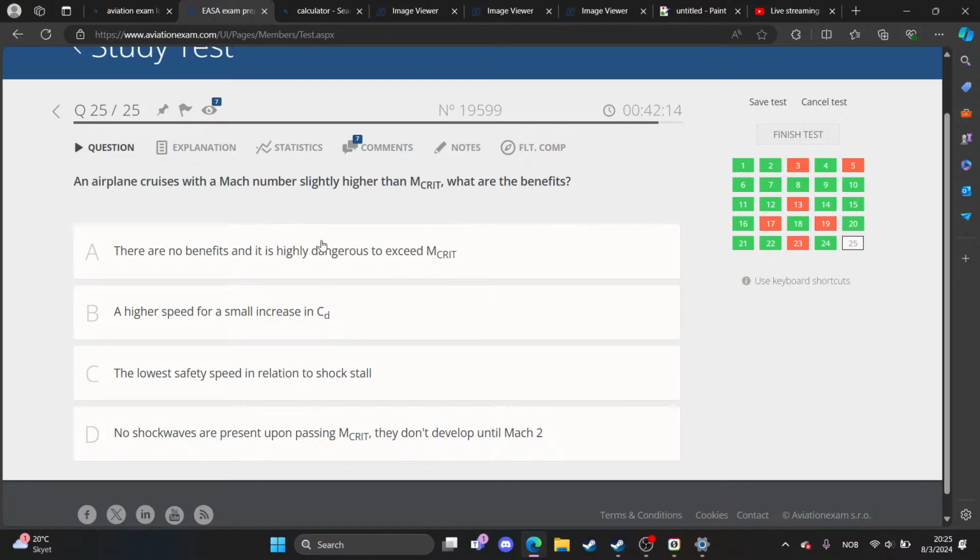Alright, A is wrong, D is wrong, so it's B or C. Lowest speed in relation to shock stall. Wrong. Has to be this one: higher speed for a small increase in coefficient of drag. Okay, yeah, that's actually correct.